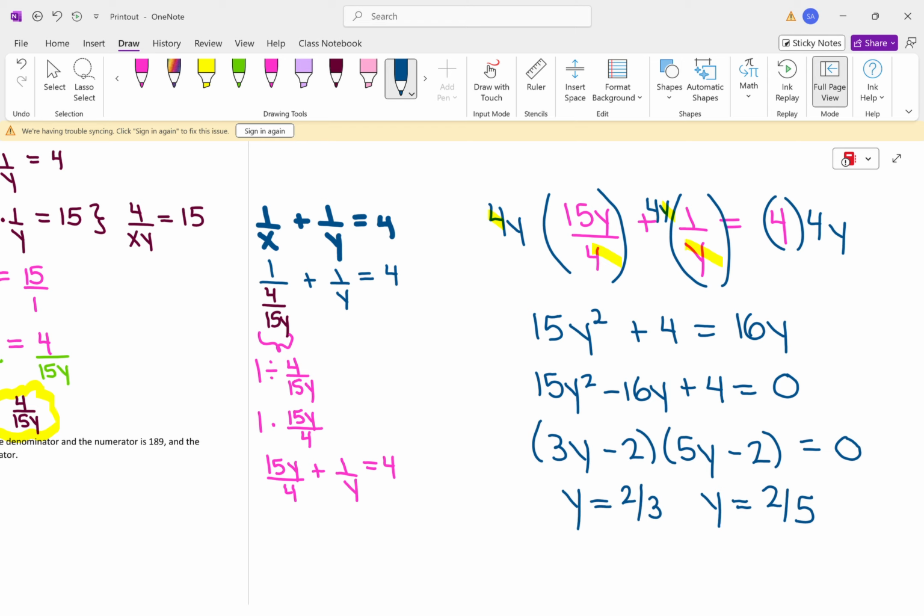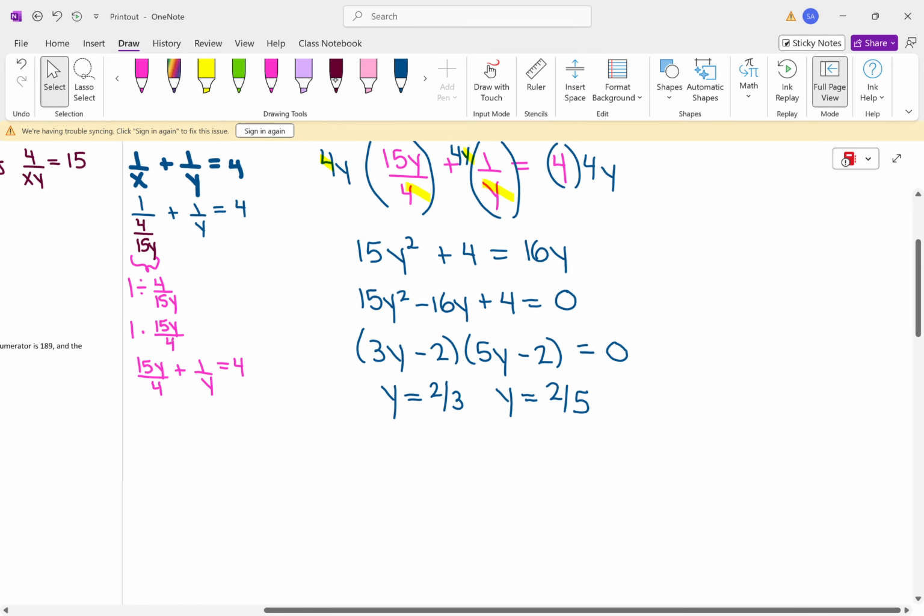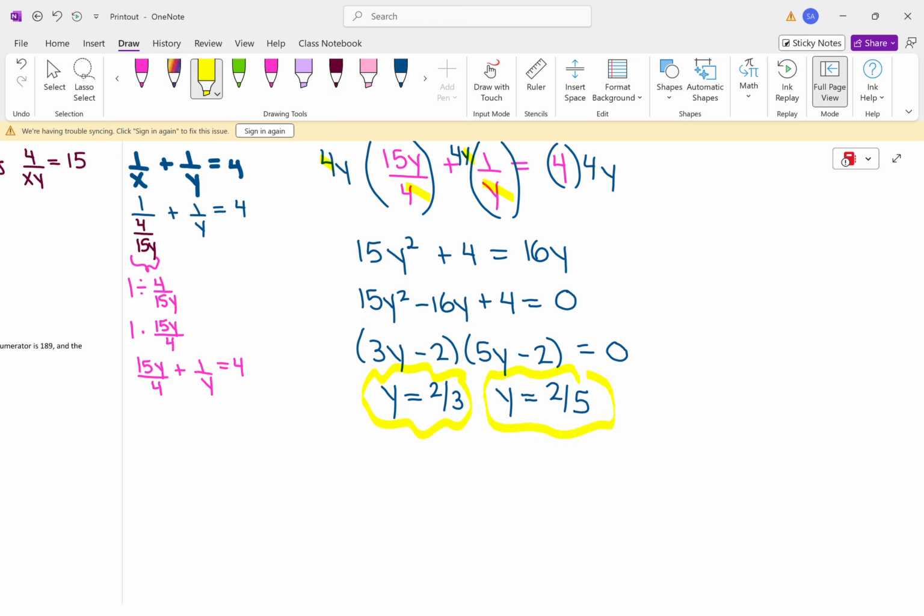All right, now that I have the y values, now what I'm going to do is plug in to find x. And if you guys remember, x was equal to, what was it equal to? 4 over 15y.